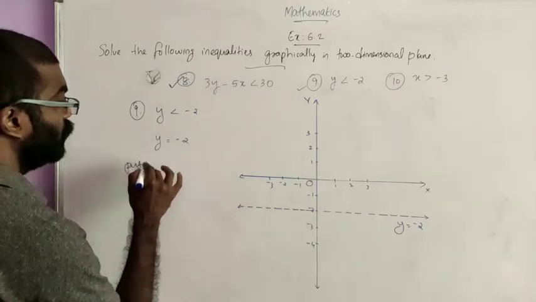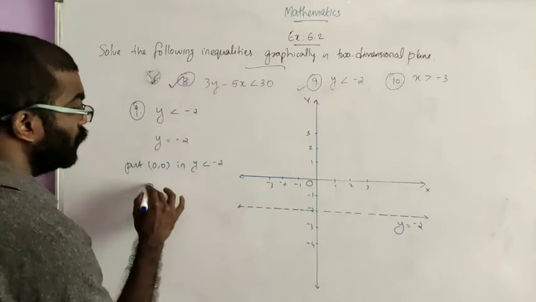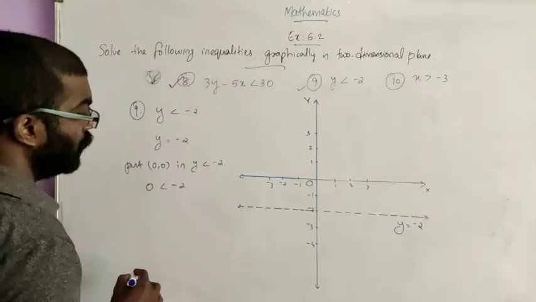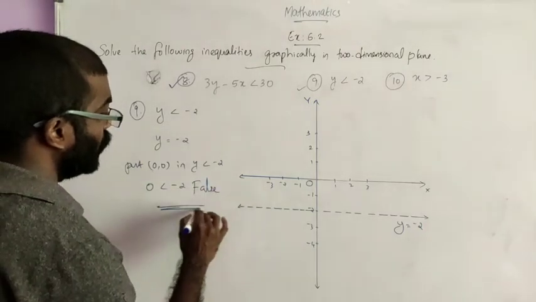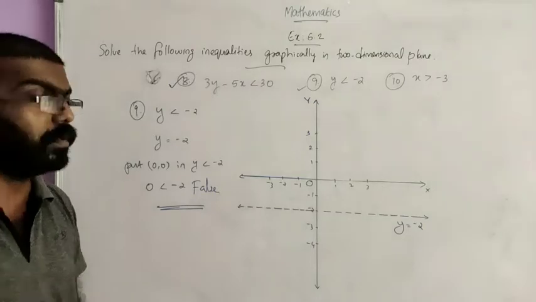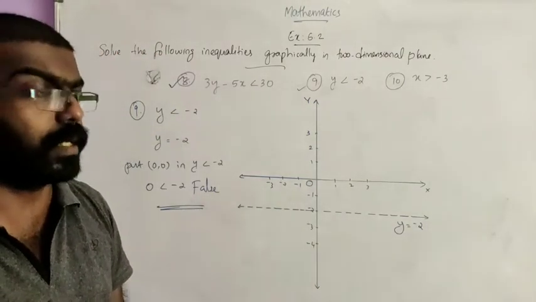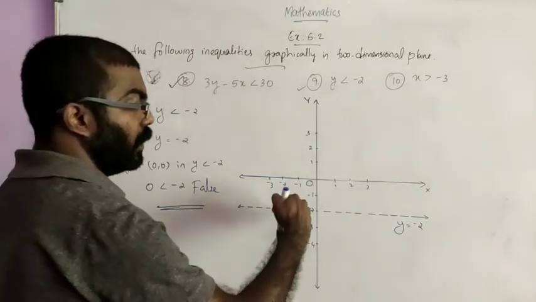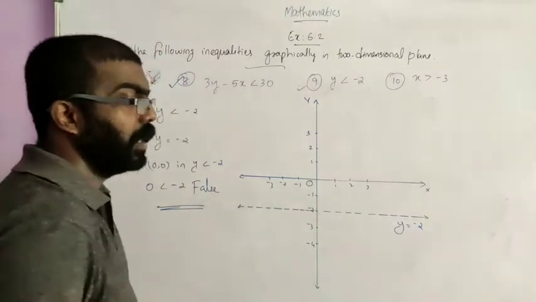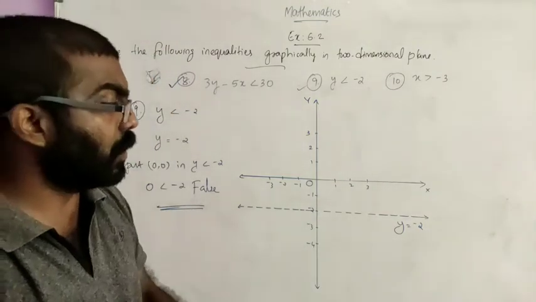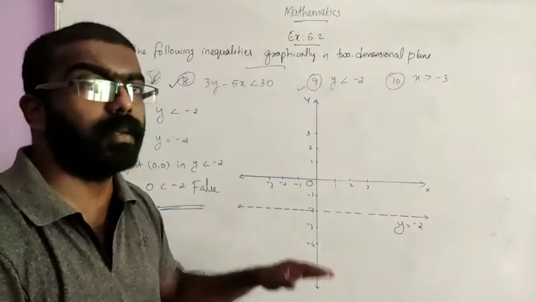So put 0, 0 in y less than minus 2. 0 less than minus 2. 0 less than minus 2 is a false statement because 0 is a number which is greater than minus 2. So 0, 0 will not lie on the solution region. So what we can conclude, the lower part of this line will be the solution region. The lower part of the line y equal to minus 2 will be the solution region. That part we can shade.